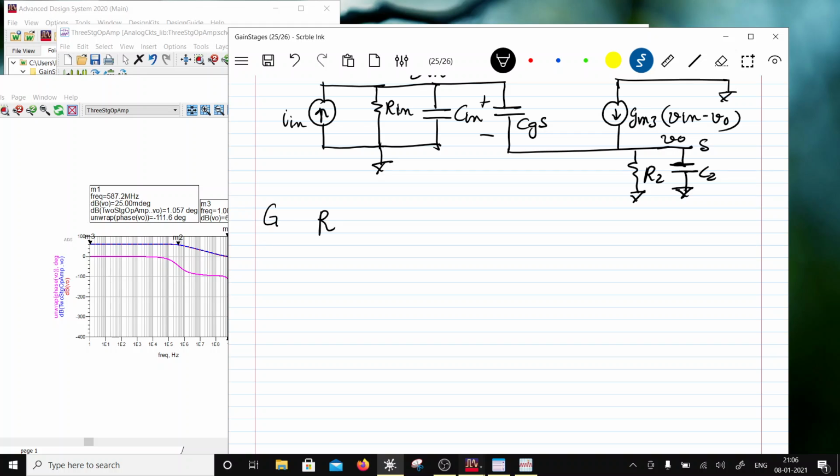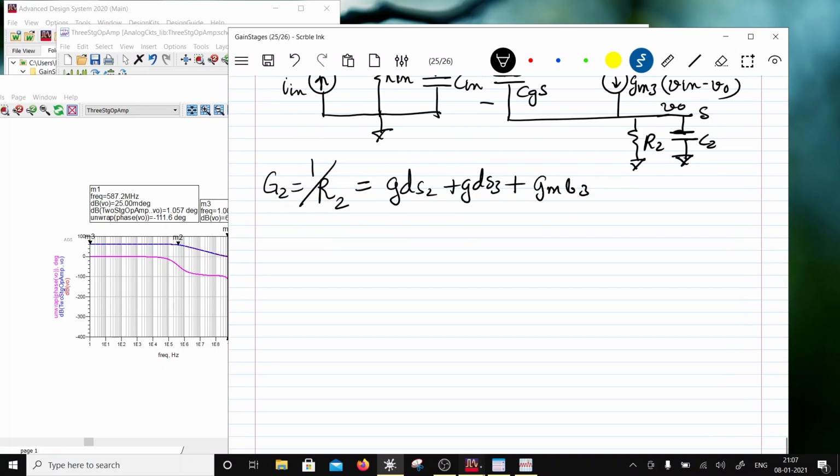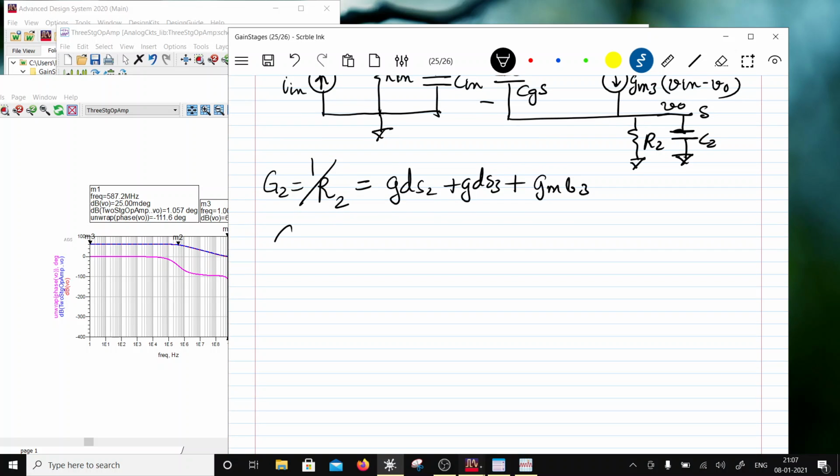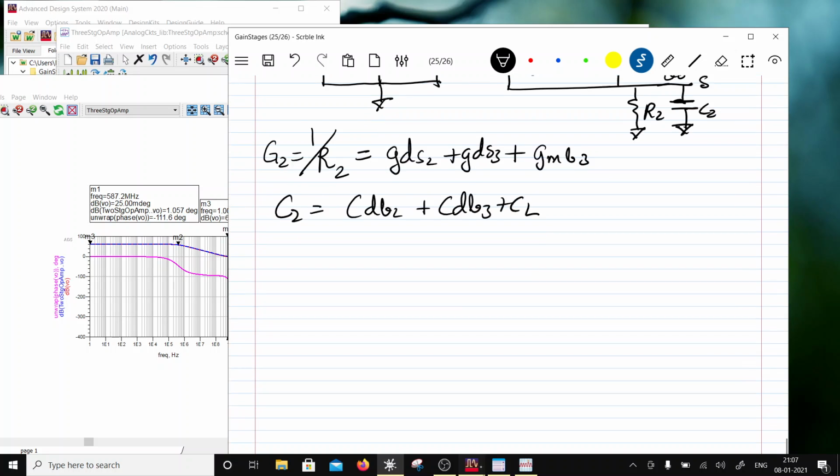So I can write G2 is equal to 1 over R2, which will be equal to GDS2 plus GDS3 plus GMB3, correct? Right. And then I can say C2 is equal to CDB2 plus CDB3 plus CL, correct?